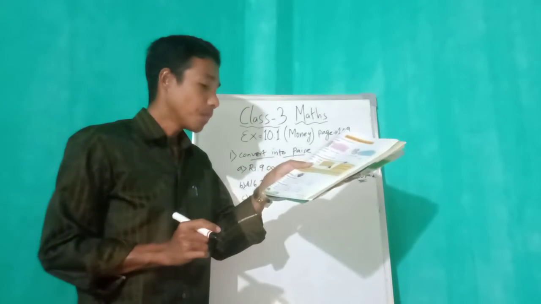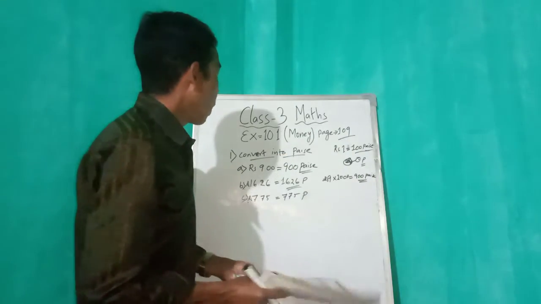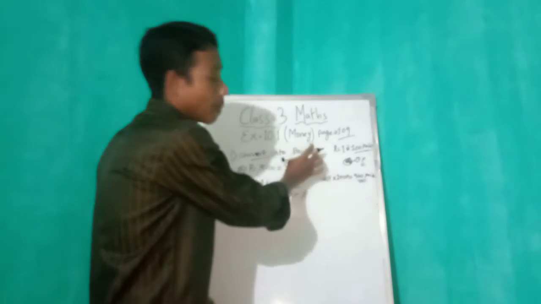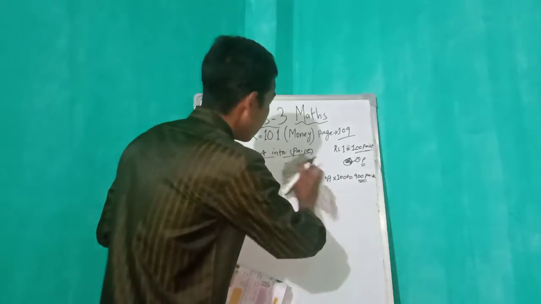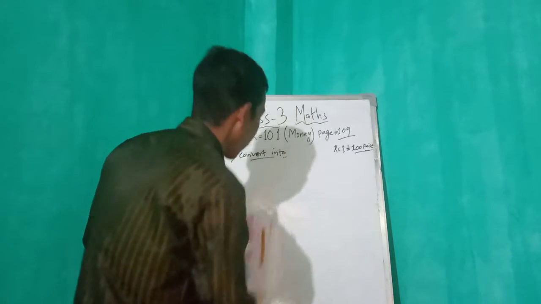Now we will convert into rupees. Now we have converted this one from rupees to paise. They say now convert this one into rupees. The paise is given here, so we will convert this into rupees.